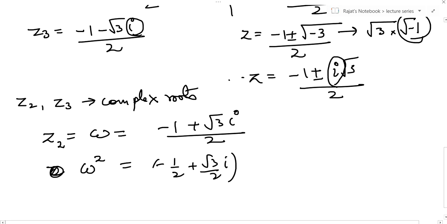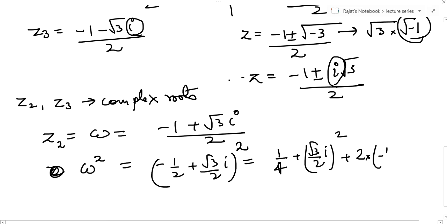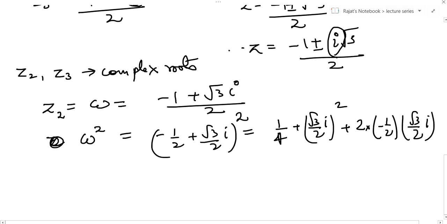This is the omega and I have to square it. So a square plus b square plus 2 into a into b. This will be 1 by 4.